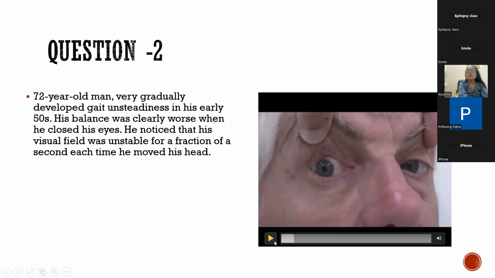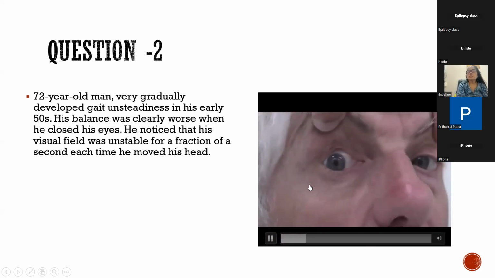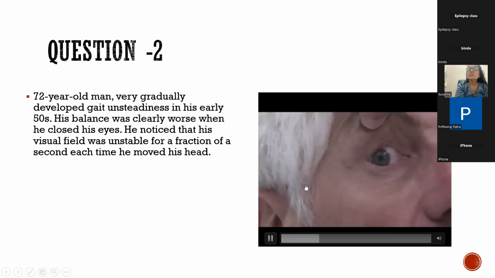In visually enhanced VOR, the patient is asked to look at the nose of the examiner, and the patient's head is tilted to both sides slowly. Here we can see that there are saccadic intrusions on visually enhanced VOR testing.